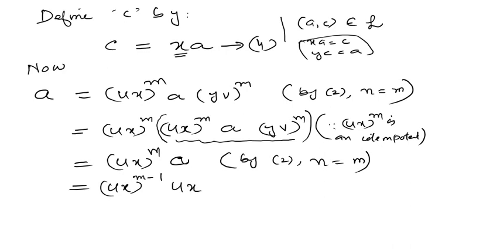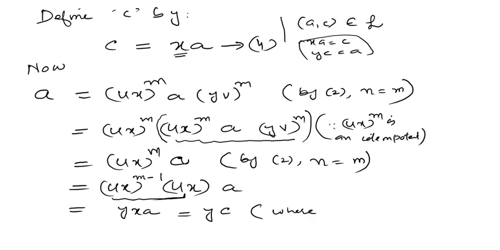Then this is y xa, where y is equal to ux power m minus 1, then u. What's xa? Xa is c, by fourth. Xa is equal to c.